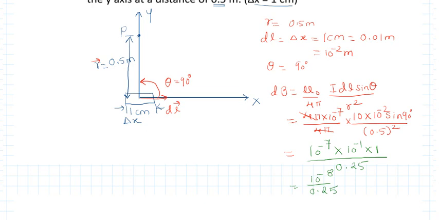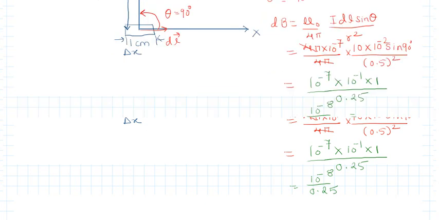So let's do the calculations further and find out the answer for this. 1 over 0.25, we'll write this as 1 over 25 by 100, and this will become 10 to the power negative 8.